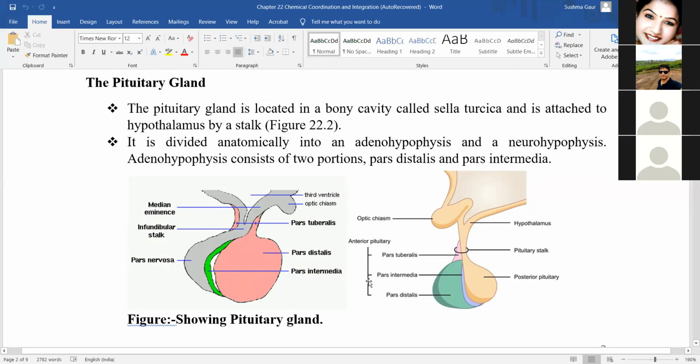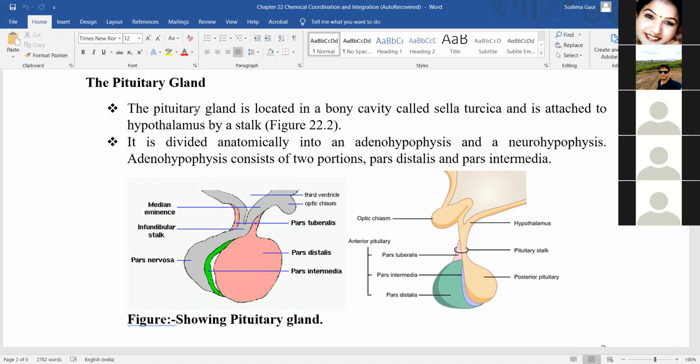They all contribute to the anterior pituitary, and this part alone is the posterior pituitary. Okay, it is divided into these structures. So what you have to remember is where in our body this pituitary gland is located.